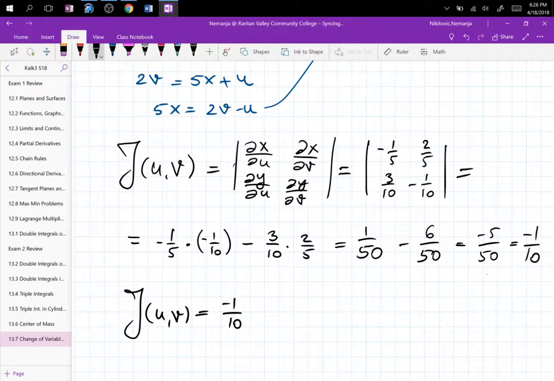It depends on functions. Do you have to have a number there? No, it could be a function in terms of u and v. The Jacobian notation clearly suggests that your answer could be a function of u and v. It depends on your transformation. Because if your transformation is what we have so far, which is just linear, clearly these numbers are constants. So you're getting a number at the end. But if any of these in the transformation is e to the x or a cosine or x squared, right?